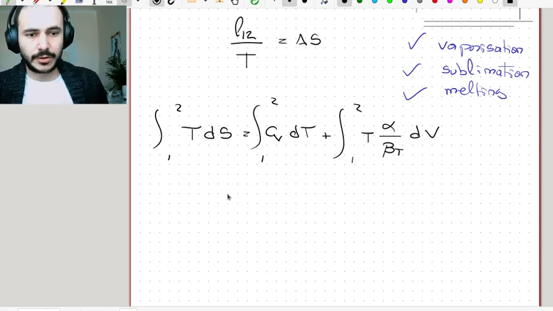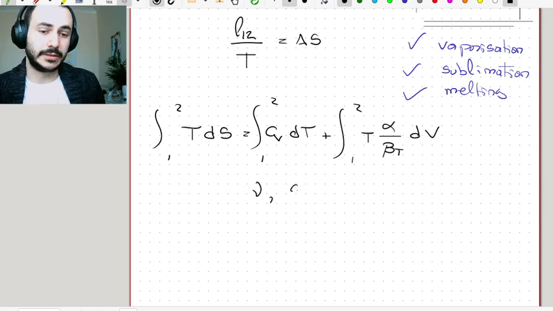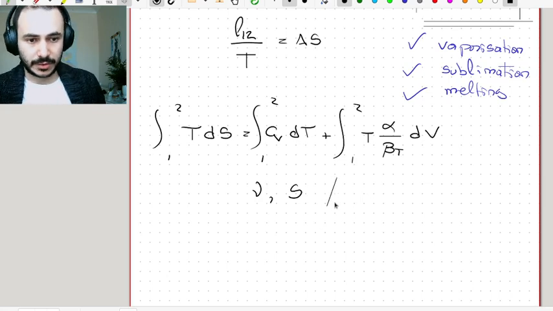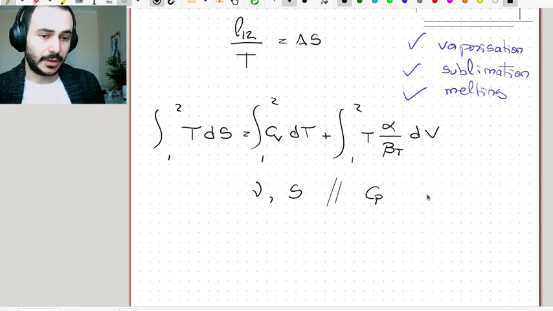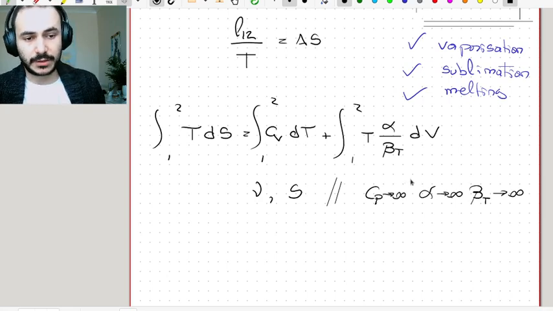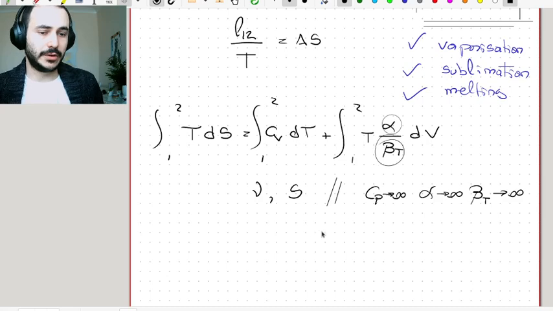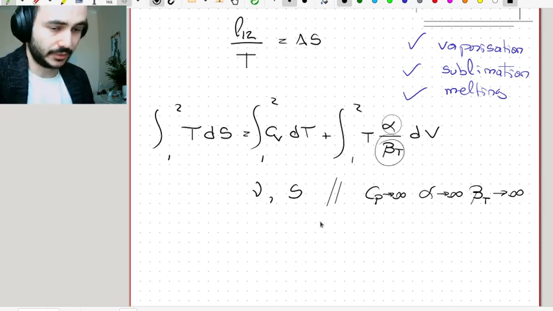Because we are dealing with a first order phase transition, we know that the volume and the entropy, which are the first derivatives of the Gibbs potential, are discontinuous, and as a result we learned that the heat capacity at constant pressure, the coefficient of thermal expansion, and the isothermal compressibility all diverge. They explode. So if you have an expression that includes divergent things, you should be very careful, because maybe you can't integrate it.